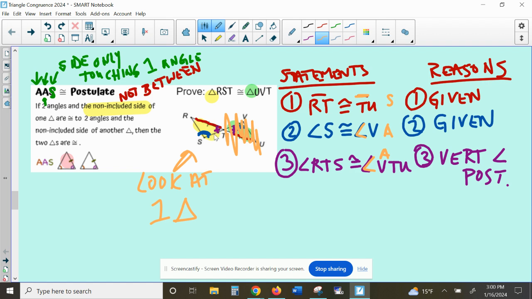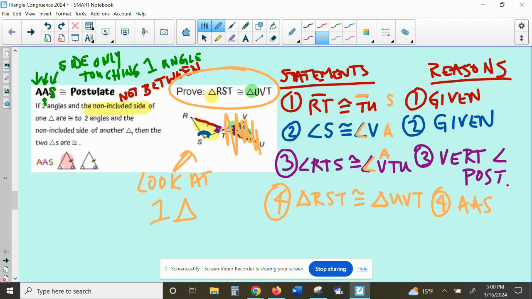You see how the side I have is not the one in between, because if it was in between, it'd be touching both, and then we wouldn't have angle, angle, side. So I can prove that these triangles are congruent. So prove what we want. That is triangle R to S to T is congruent to triangle U to V to T. And my reason is angle, angle, side congruence postulate.